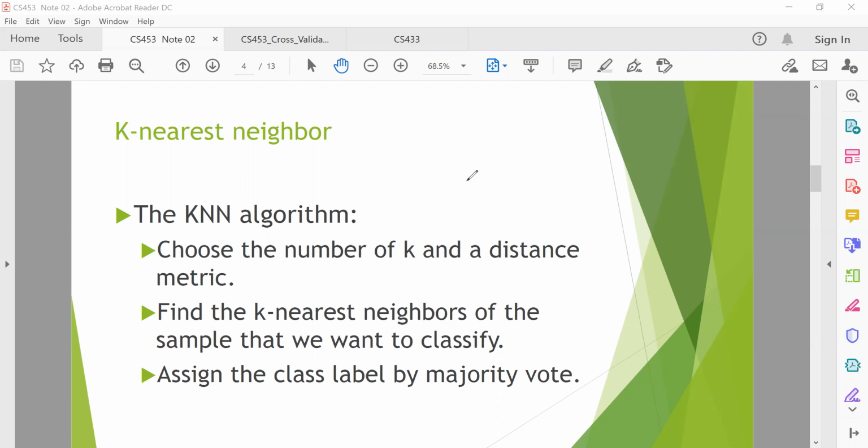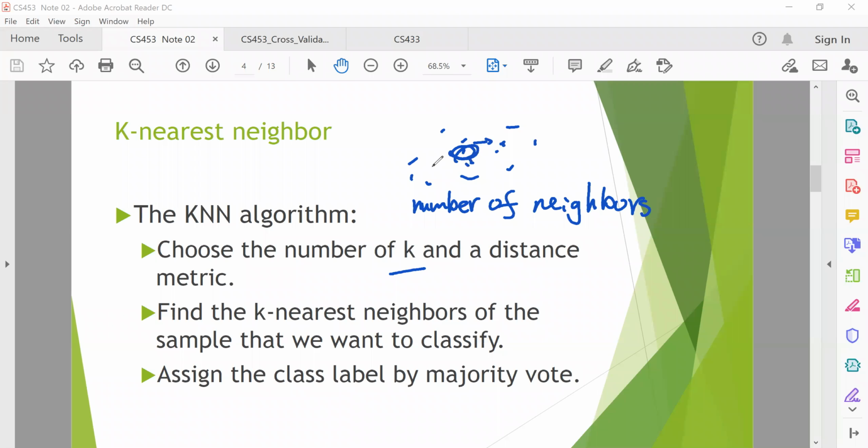So here this K is the number of neighbors. So what this means is, you have the data set, and you choose some sample, and then you are going to find its K neighbors, okay?